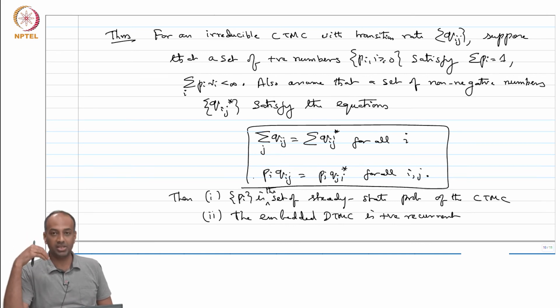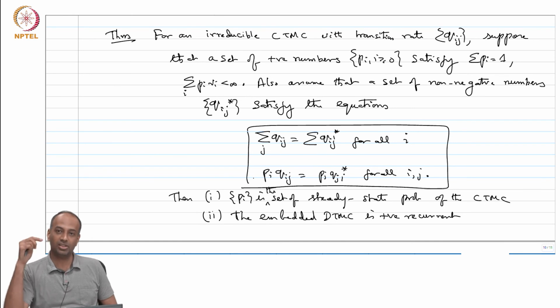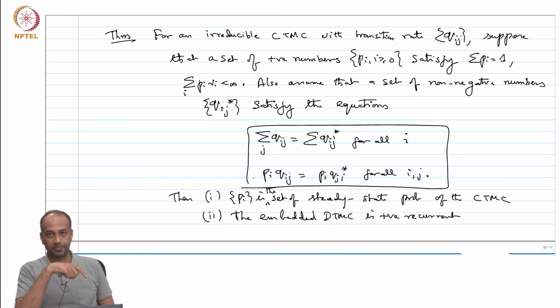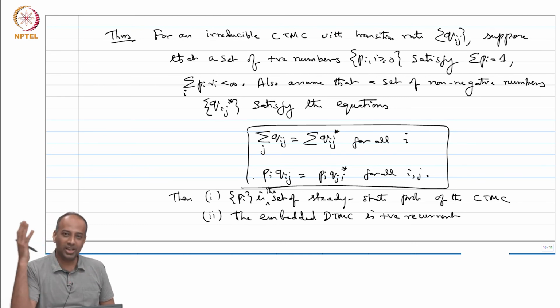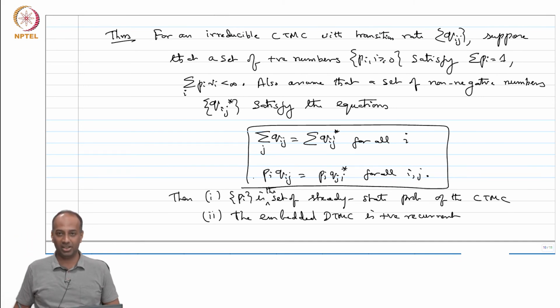The embedded DTMC is positive recurrent and the Qij stars that you manage to find satisfying these equations are in fact the transition rates of the backward CTMC. Please keep in mind that we are not saying that this CTMC is reversible. We are just saying that if I managed to find a Qij star that satisfies this property, then that Qij star is in fact the transition rates of the backward Markov chain.